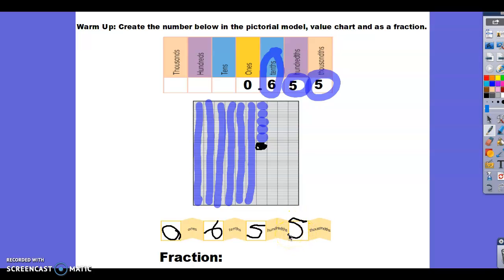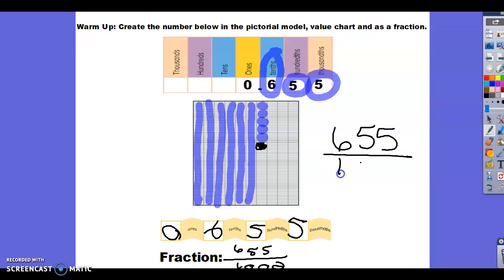And the last part is to create it as a fraction, which would read 655 thousandths. So you put it over 1,000. And again, you can't see that down very well on the bottom. Your fraction is 655 out of 1,000, which reads 655 thousandths, and the decimal form is there.